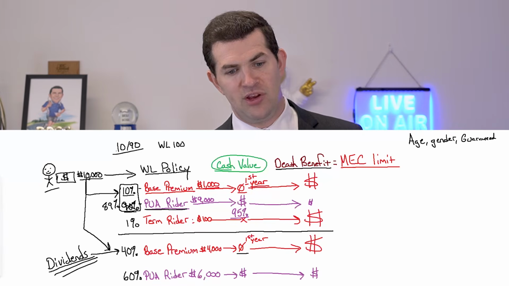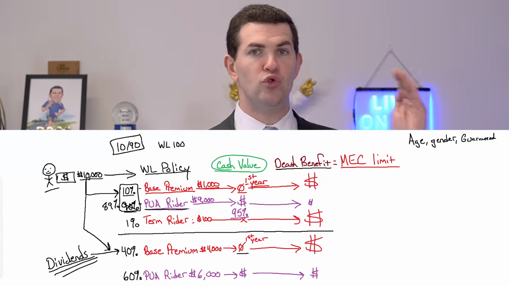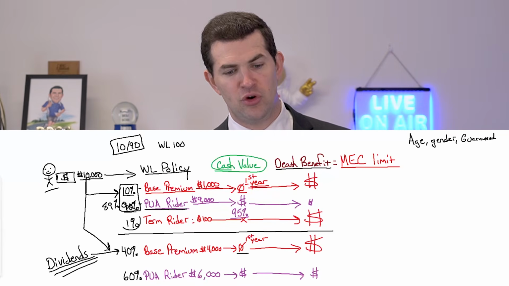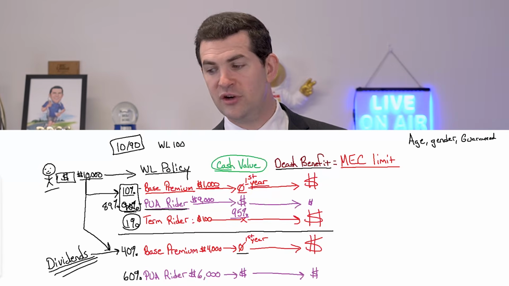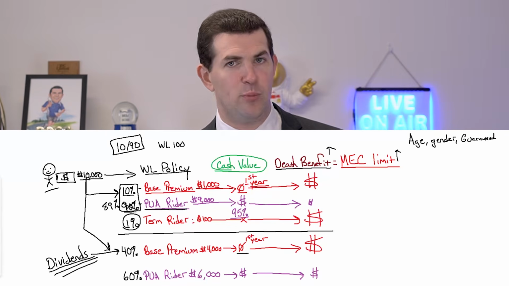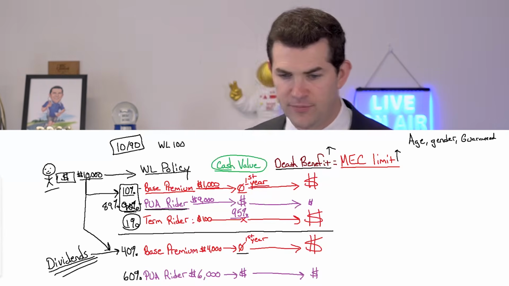So with a policy where I'm driving my premium as low as I can in order to drive my costs as low as I can, adding a term insurance rider is a cost-effective way to raise the death benefit, which raises my MEC limit. It's a cheap way to raise my MEC limit so I can add more money to PUAs. That's what we're doing in order to maximize the cash value.